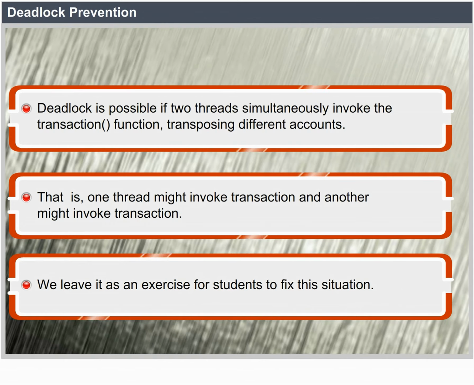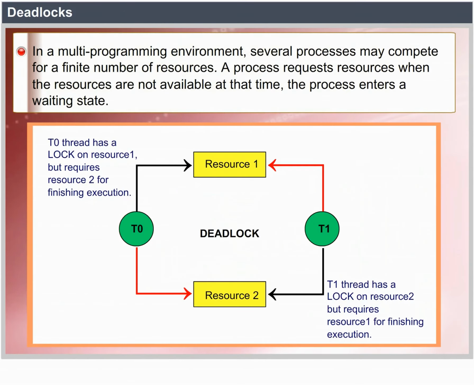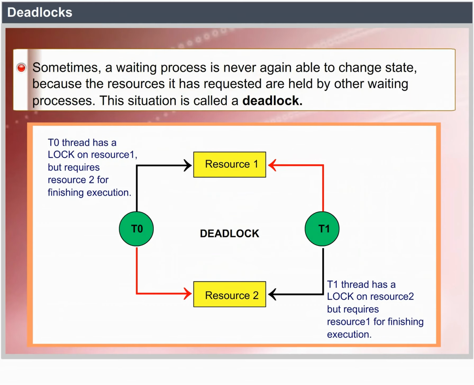Deadlocks. In a multiprogramming environment, several processes may compete for a finite number of resources. A process requests resources. If the resources are not available at that time, the process enters a waiting state. Sometimes a waiting process is never again able to change state because the resources it has requested are held by other waiting processes.